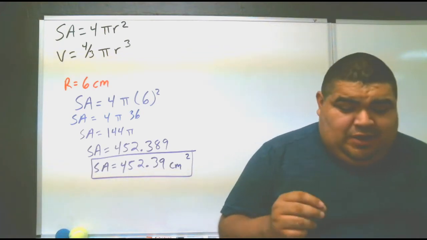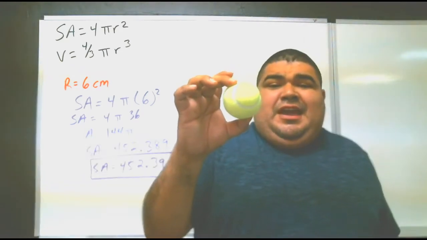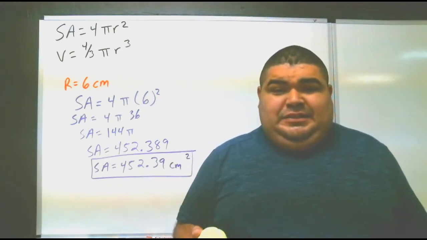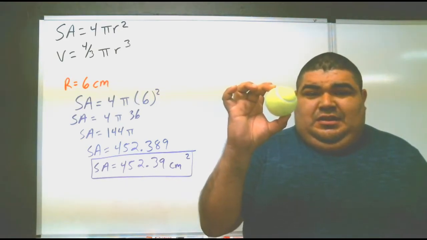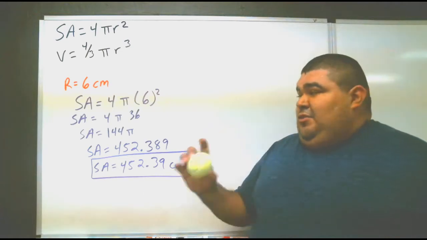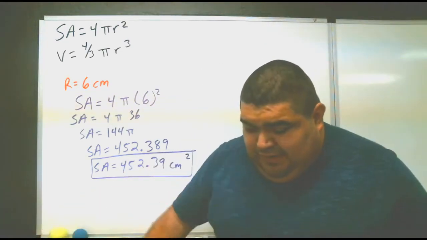The reason why is, again, remember the ball. If we cut it in half, now we have 2 identical pieces. Since we solved for the sphere, if we want to solve for the hemisphere, all we have to do is cut this in half.